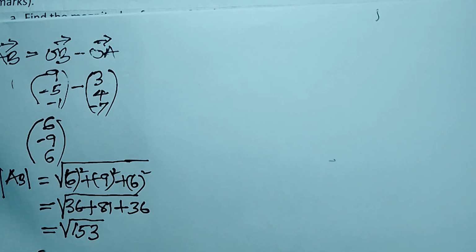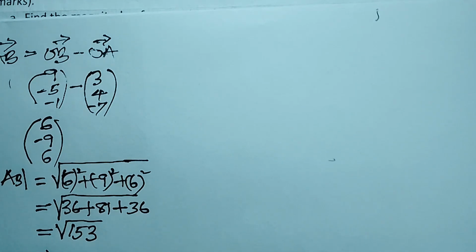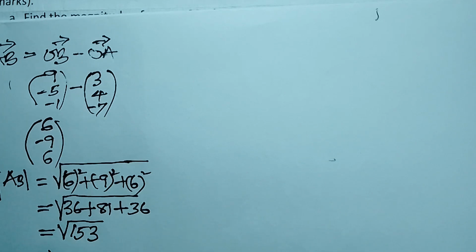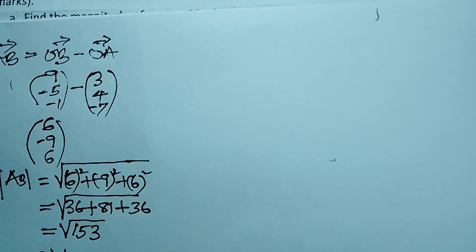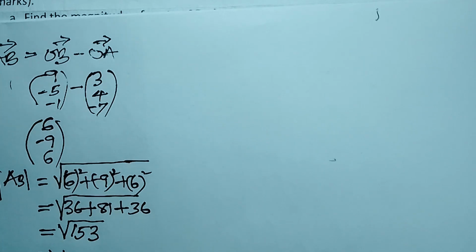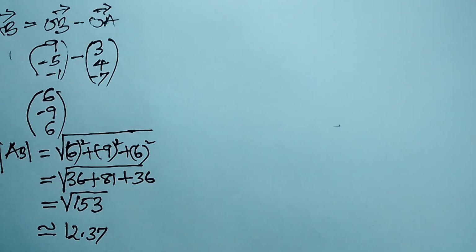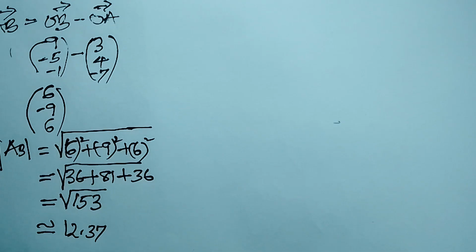And the square root of 153, take your calculator and feed it in, is approximately equal to 12.37, and that will be your answer.